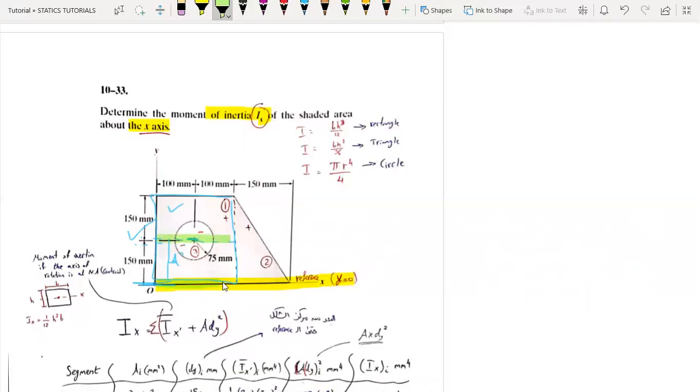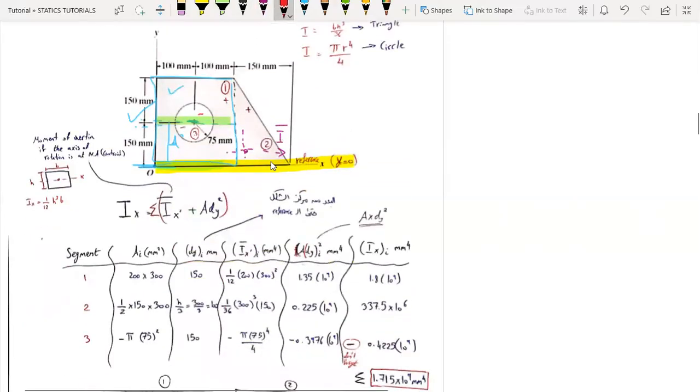Similarly for the triangle, here will be the centroid, so here it will be I bar, but the moment of inertia about this axis will be I bar plus the area of the triangle multiplied by dy squared, which is this distance. So here is our equation.